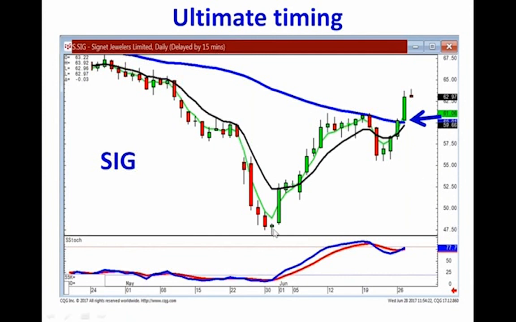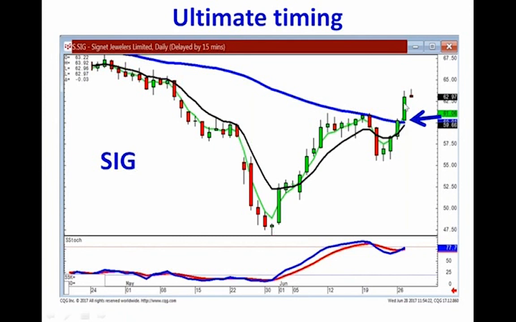If I can calculate that this came from, let's say, 47 up to 61, that's about 13 points. 13 points from right about in here tells us we're looking for approximately the $72 range. And again, this doesn't have to be exact. It's just giving us a range of where we expect the price to move to. Now, if we see a sell signal right here and it reverses, our number one criteria for any trade is what the signals themselves are telling us.